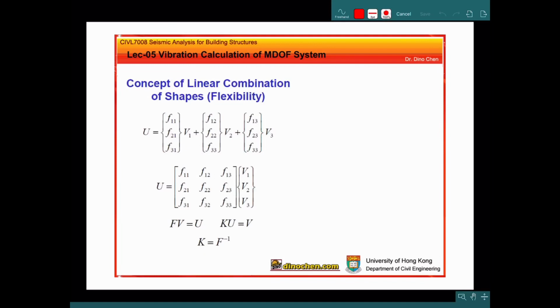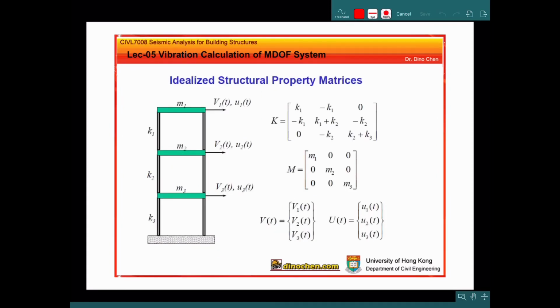After we get these 3 displacements, we can use this displacement data to form the flexibility matrix, and then we just invert the flexibility matrix to get the stiffness matrix. So K equals F to the power of minus 1. This is a matrix calculation, just invert the matrix, and then we can get the stiffness matrix.